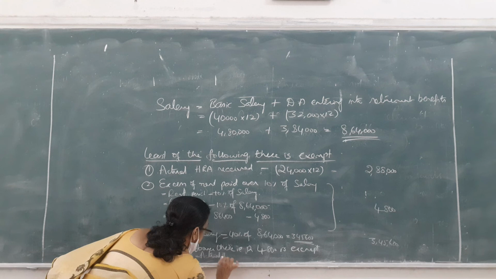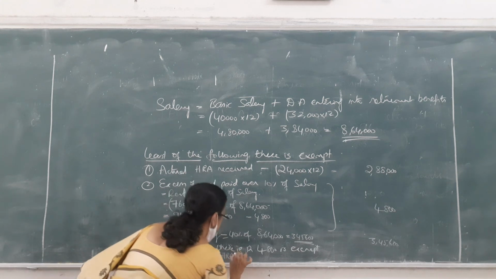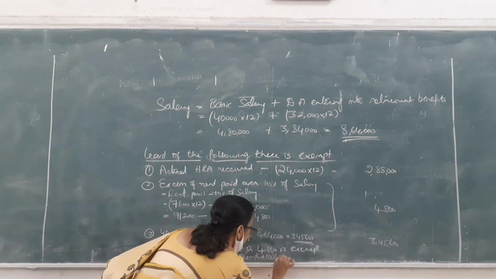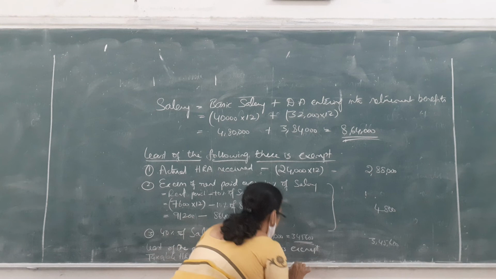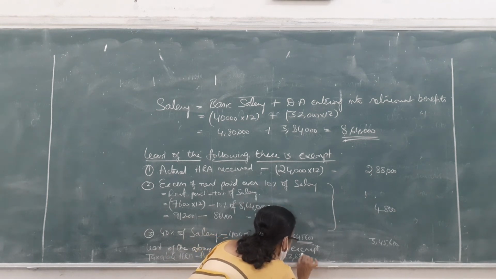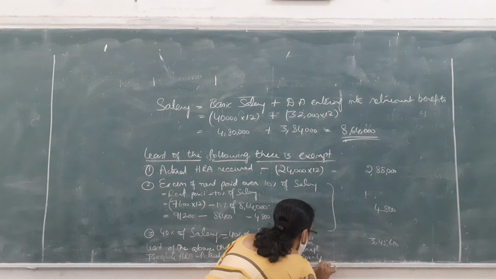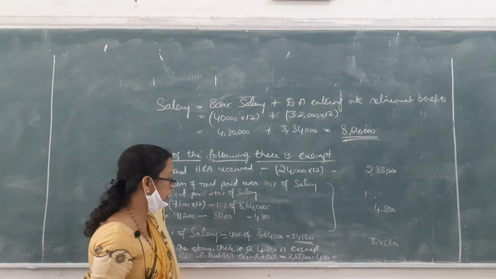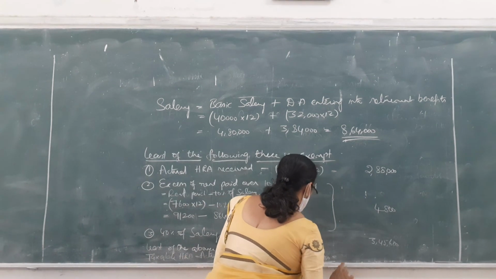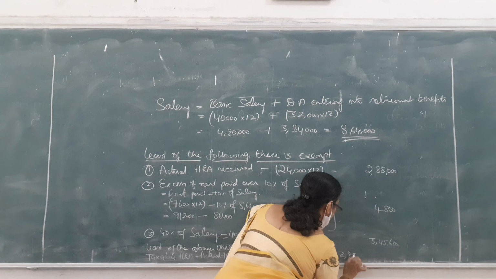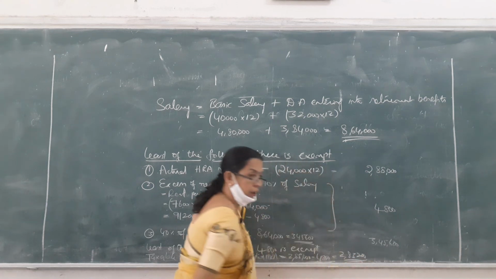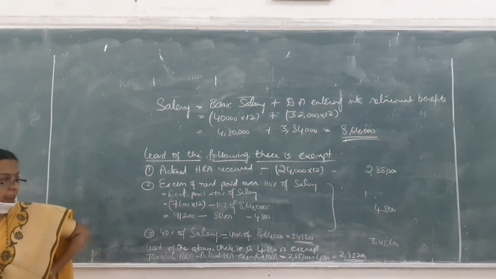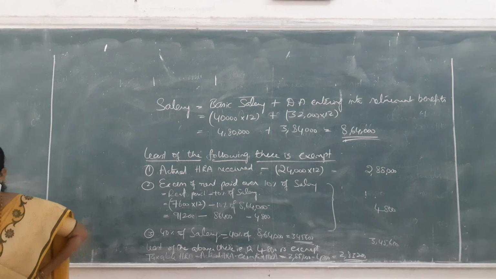That is 2,88,000 minus 4,800, which is equal to 2,83,200. 2,83,200 is the taxable HRA. Is it clear?